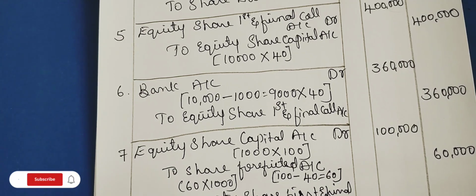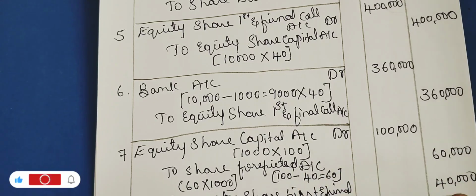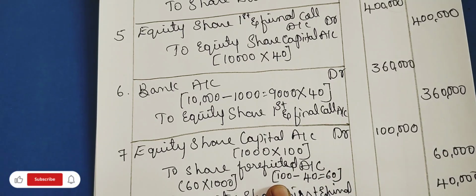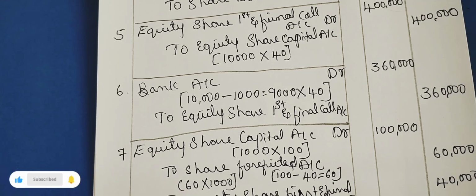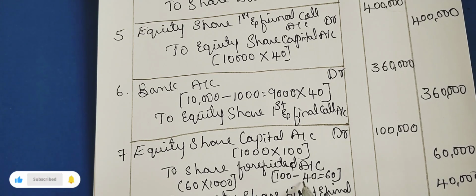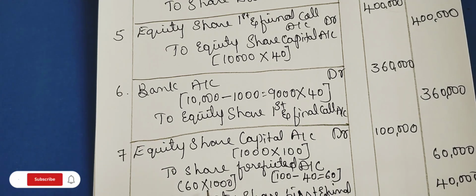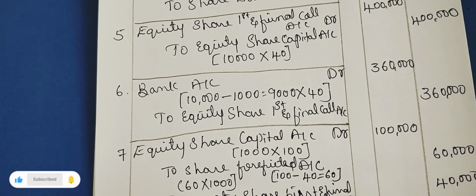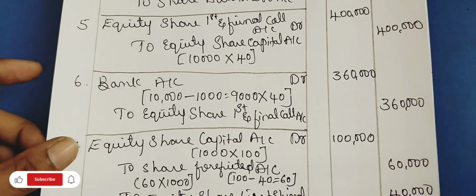The value is 40. 1,000 into 40 is 40,000. 1 lakh minus 40 is also 60. 100 minus the value of the stage where you have not received the money, whether it is the allotment stage, application stage or the final call stage, that stage money you need to deduct from the face value. On the remaining balance we are forfeiting. Share forfeited account 60 into 1,000 is 60,000 and 1,000 into 40 is 40,000. This is for non-payment.